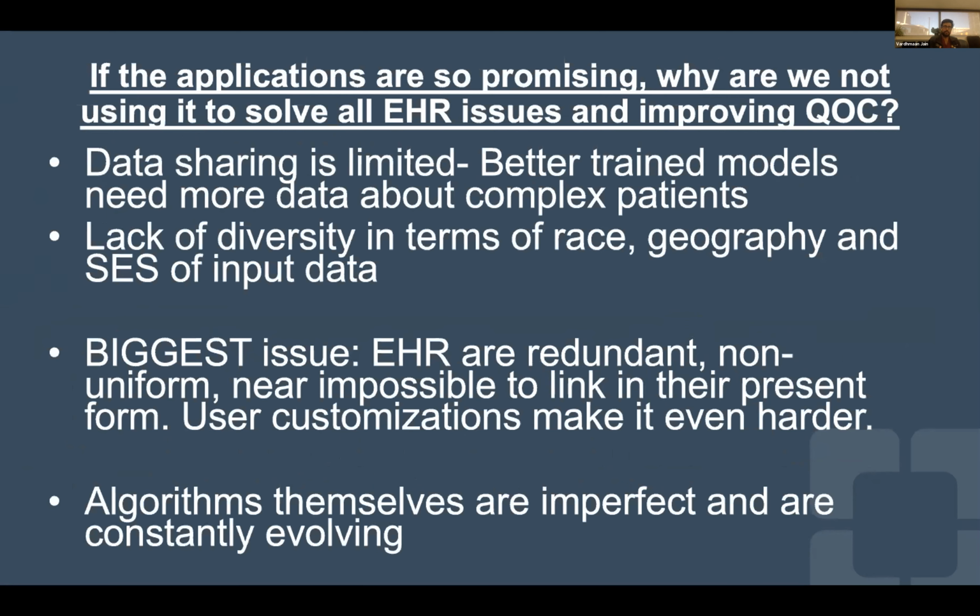So some of the common limitations to this is that it needs good data and good models to make good predictions. But data sharing is really, really limited across Epic. And EHRs, unfortunately, are one of the most outdated and really bad pieces of software. So it makes it really hard to share data between hospitals and sometimes within the hospital.